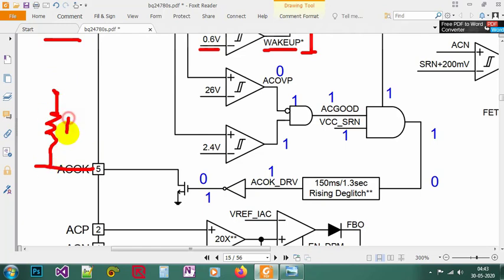It's a 10k resistor or a 100k resistor, right? And 3.3 volt is connected here. It's from the VPCU. So when the MOSFET is on, then whatever the voltage at this point will go to ground. Alright, we will not get AC OK high here, right?